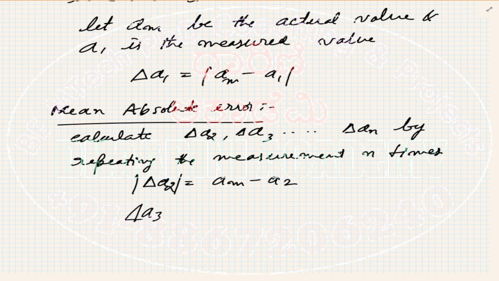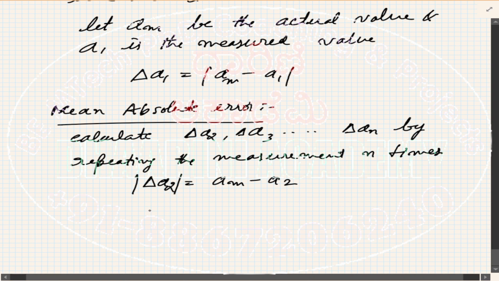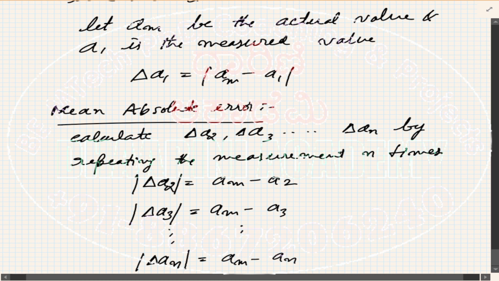Sorry, the magnitude of delta A3 is AM minus A3 and so on. Repeat this to get delta AN, which is AM minus AN.